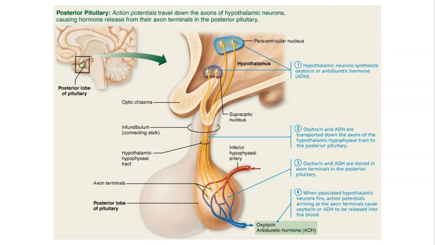So in this way, these hormones are stored in neurons in much the same way that neurotransmitters are stored in neurons. When stimulated, the neurons will release either oxytocin or antidiuretic hormone into the bloodstream, which will then be carried to general circulation.